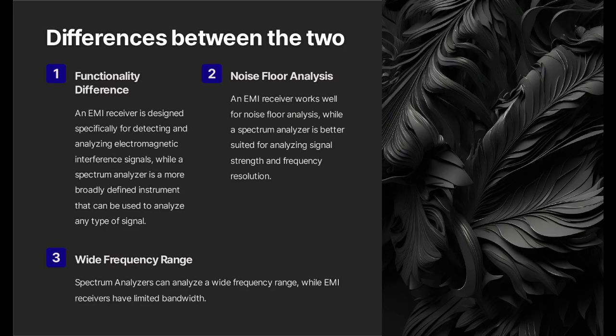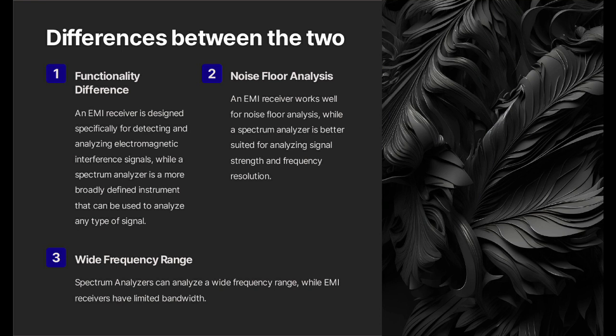So here we will understand the difference between the two. Functionality difference. The first difference between the EMI receiver and spectrum analyzer is functionality. An EMI receiver is designed specifically for detecting and analyzing electromagnetic interference signals, while a spectrum analyzer is a more broadly defined instrument that can be used to analyze any type of signal. So the important words here are detecting and analyzing electromagnetic interference signals.